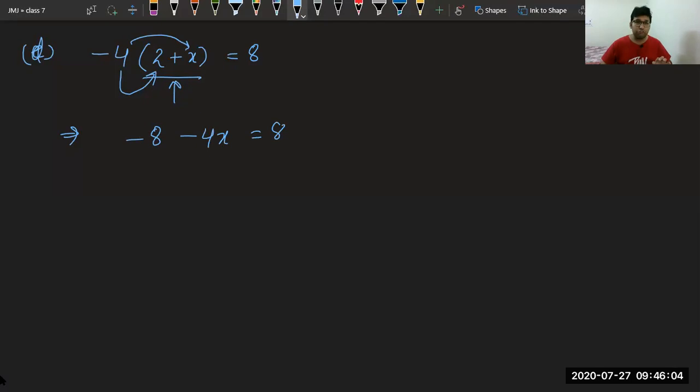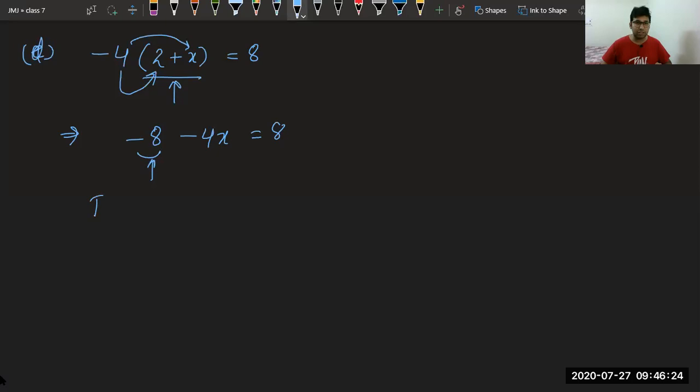Now we have to transpose whatever is extra over here. You can see this minus 8 will go first. Everyone, what do you say? What should we transpose first? Minus 8, very good.